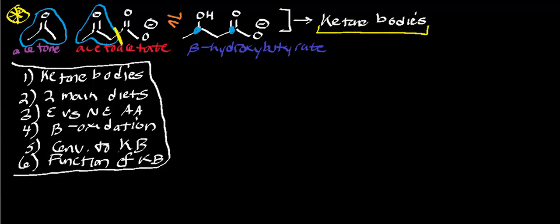Okay? But there comes a point at which you run out of glycogen for the most part. If you're running out of glycogen, you have to find a way to produce ATP. There's no other option. You've got to produce ATP. So if you've run out of glycogen, your blood sugar's low, you've got to find another way to get your blood glucose to normal levels. So that's number one.